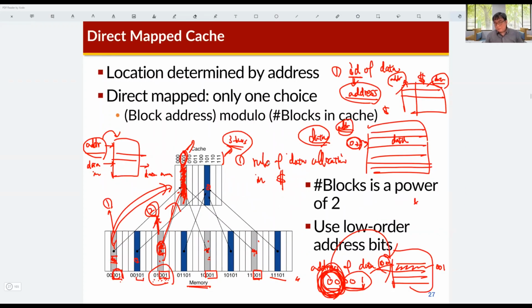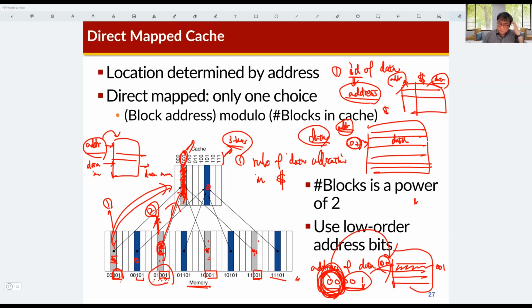Also, in the previous class, we learned about the direct mapped cache. Cache is also a memory. That means when the data is stored in the memory, we also need to identify the location of the data. That means we need to decide which entries are used for storing data inside of the cache.